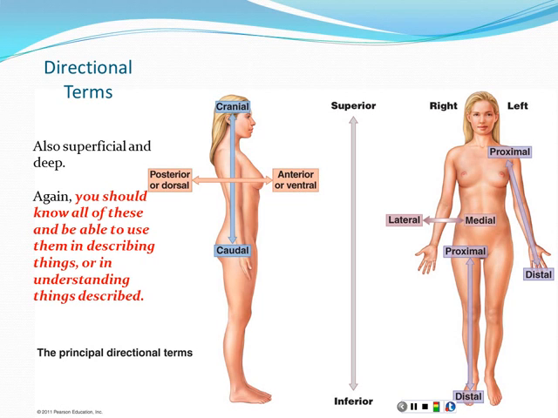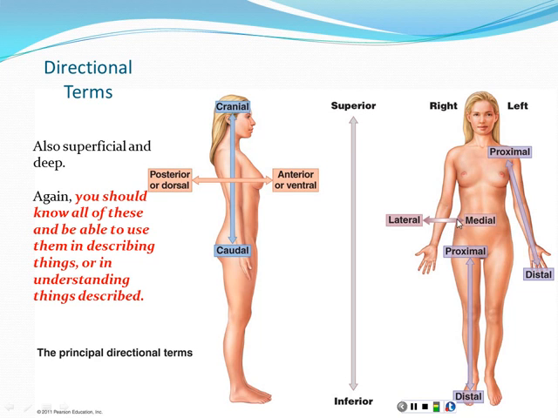So in the human, anterior and ventral are the same, posterior and dorsal are the same. So they're synonyms. Now, why just the human being? If you think about a dog's ventral side points towards the ground. Where's its belly? It's at the bottom, right? And where's its back? It's at the top. But because we stand upright, posterior and dorsal are always towards the back. Anterior and ventral are towards the front. All right.